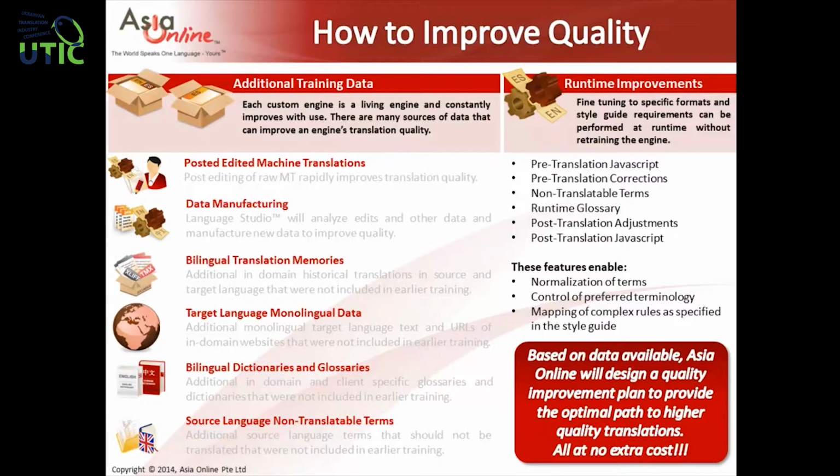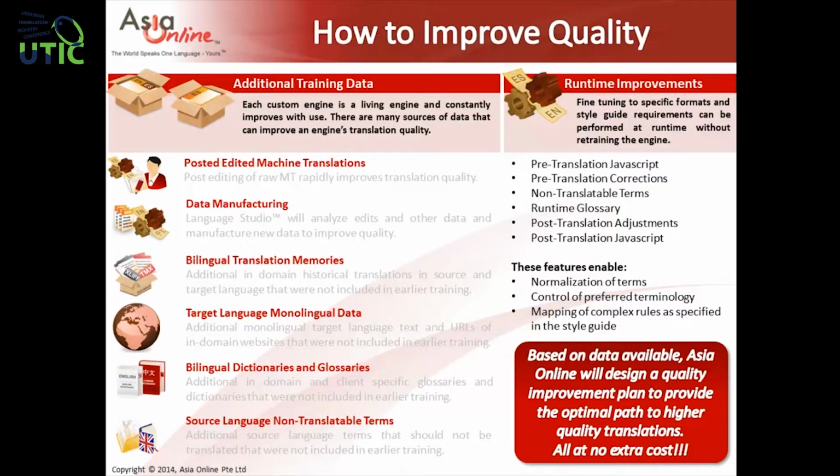And there's also runtime improvements. Once a system has been built, you can use a variety of tools, like in the Asia Online environment. There's many different kinds of runtime enhancements that you can do that normalize terms so that terminology becomes more consistent. You can do even things like convert currencies on the fly, so that dollar amounts are converted into euro or yen or whatever it is you need.